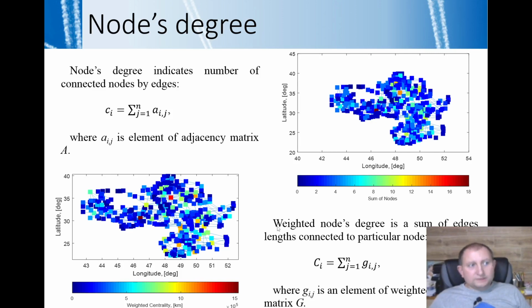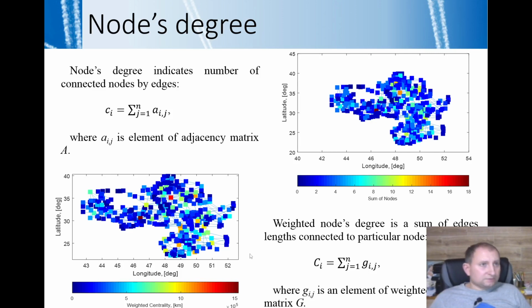Okay, next, because we have lengths of each edge, it means that we can calculate weighted nodes degree, which is a sum of edges lengths connected to each node in the network. In this case, we can count the same. However, we will use G, which is element of weighted adjacency matrix.